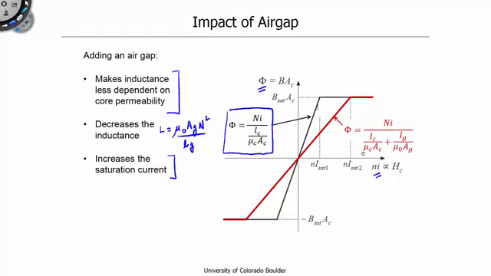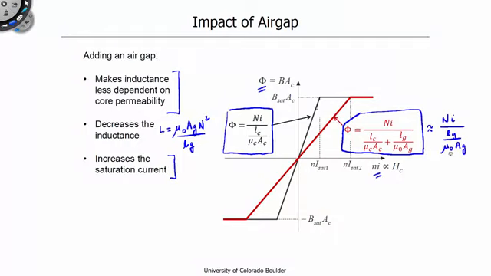On the other hand, once we have an air gap present, then our total flux is given by this expression, and here the dominant term in the denominator is the term which has mu naught in it, and therefore this is really approximately equal to Ni over Lg over mu naught Ag.